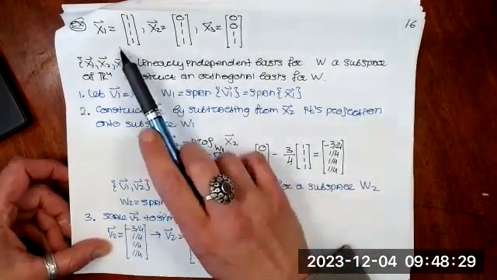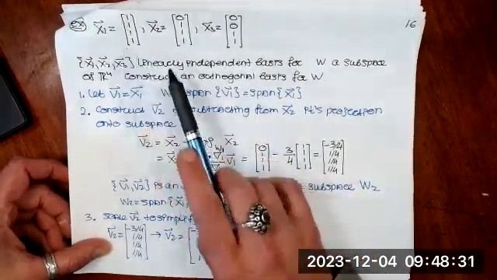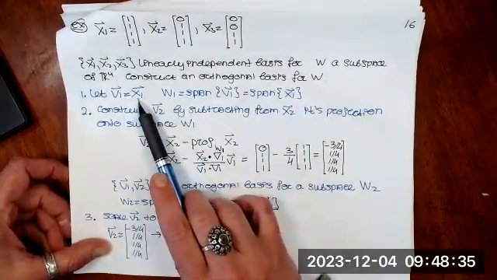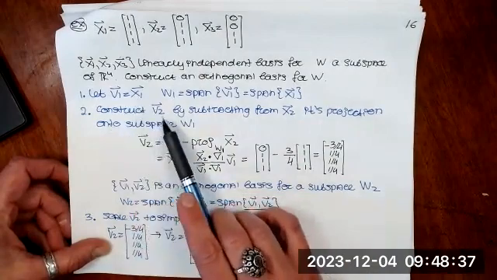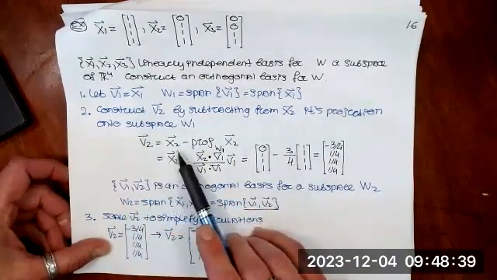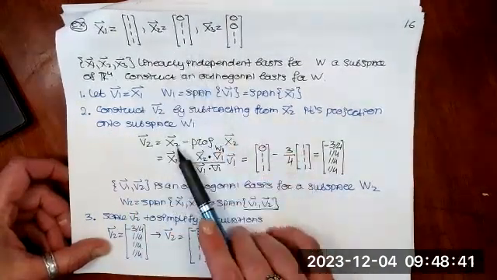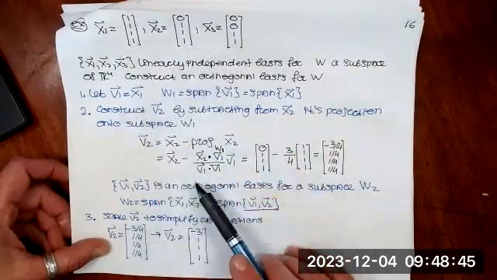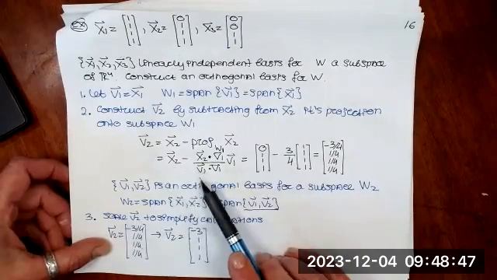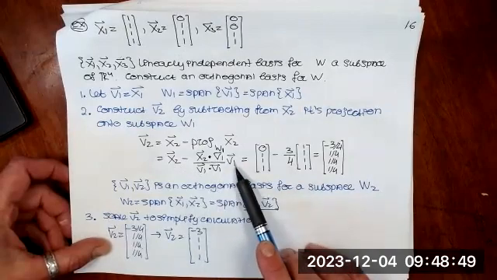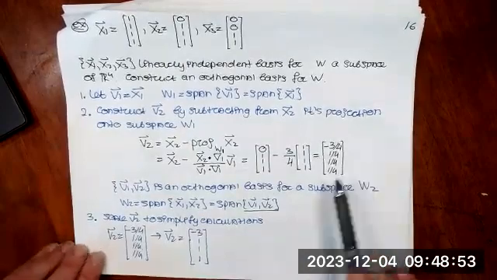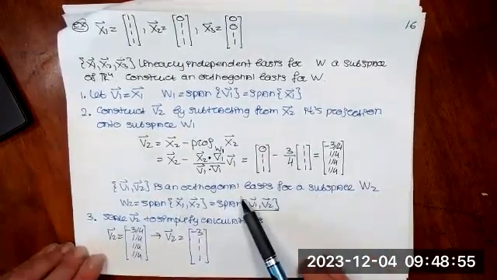If I want to construct the orthogonal basis, I start with X1, so V1 is X1. Then to construct the second one, I take X2 and subtract the projection of X2 onto X1, so it would be X2 minus (X2·V1)/(V1·V1) times V1. Then you just compute this, so my V1 and V2 will be orthogonal.